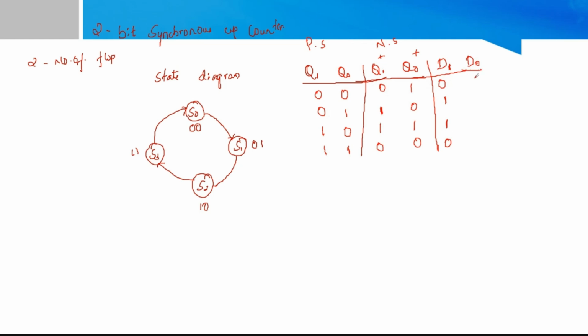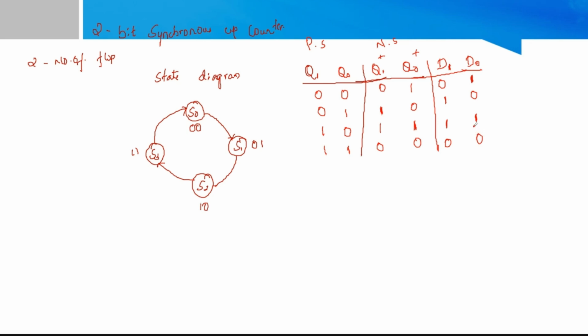Similarly, for D0, the present state is 0, the next state is 1, so the input of D0 will be 1. If the present state is 1, the next state will be 0, so the input of D0 will be 0. If the present state is 0, the next state is 1, it will be 1. If the present state is 1, the next state will be 0, so D0 will be 0.